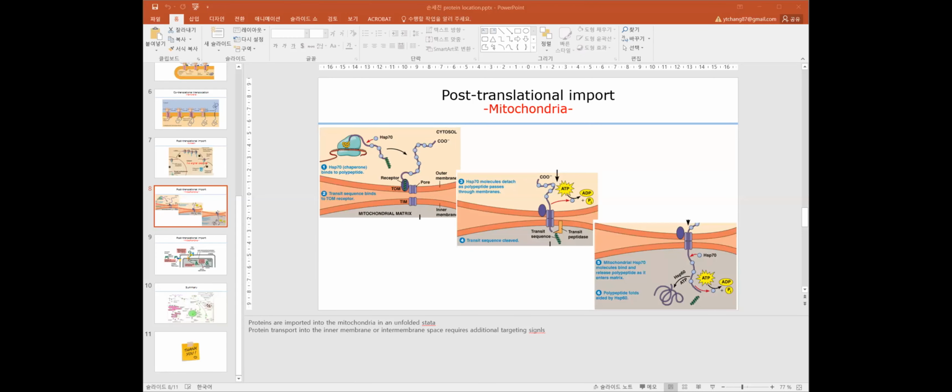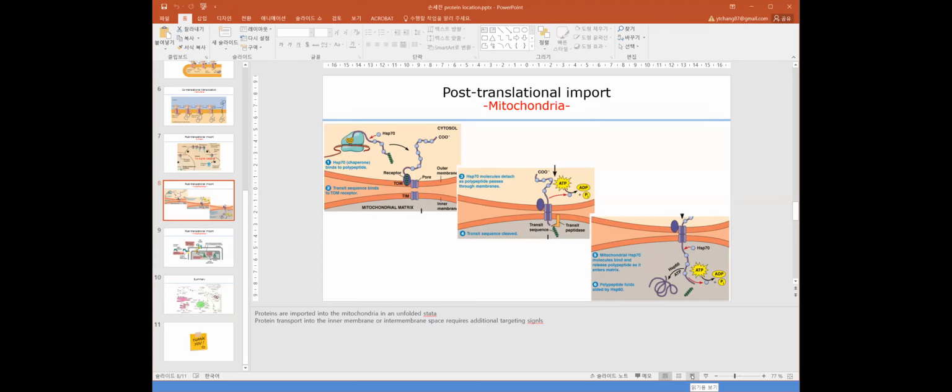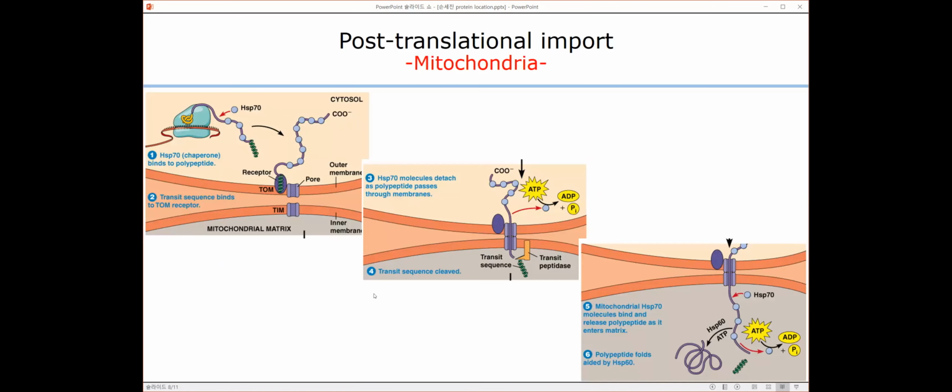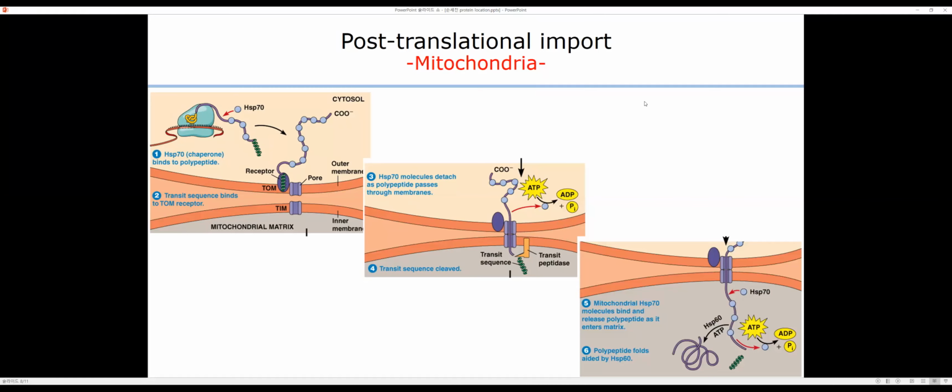This page? Yes. Okay. So what I'm curious about is whether what I've understood is correct. It seems that HSP70 attaches to the protein two times, before it enters and after it enters.